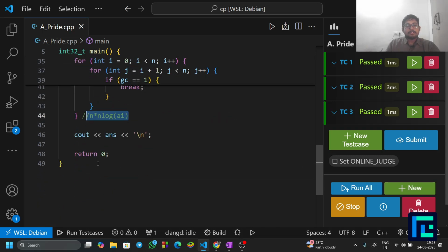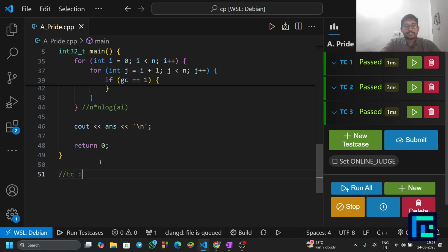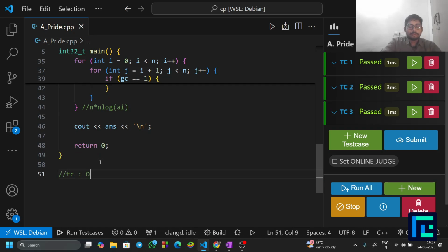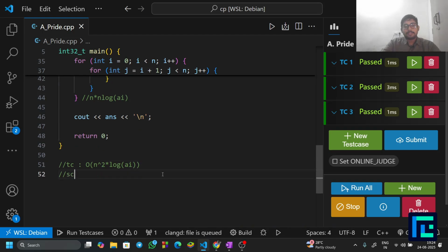So you can say your overall time complexity in the worst case would be order of n square into log of A[I]. This is your overall time complexity, which is almost optimal for the given constraints.